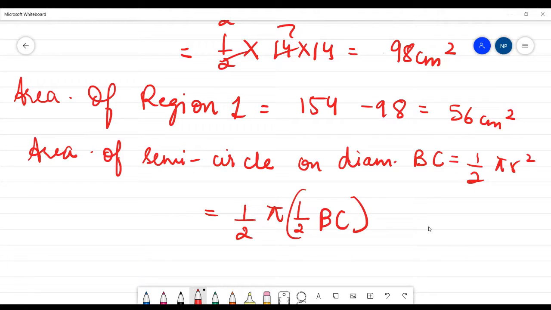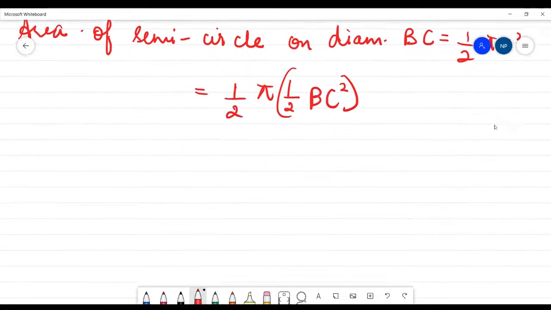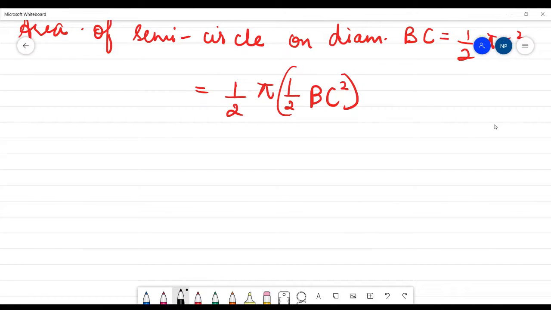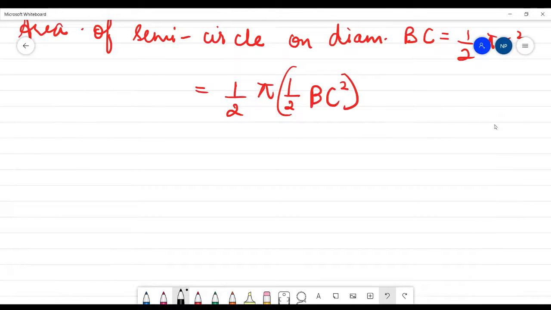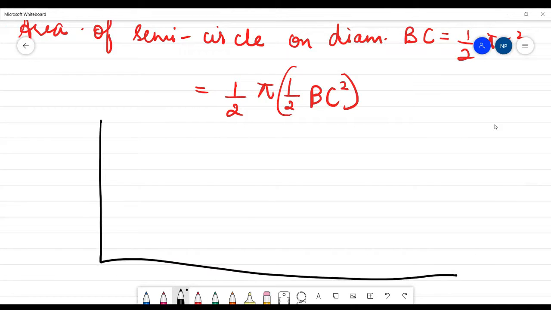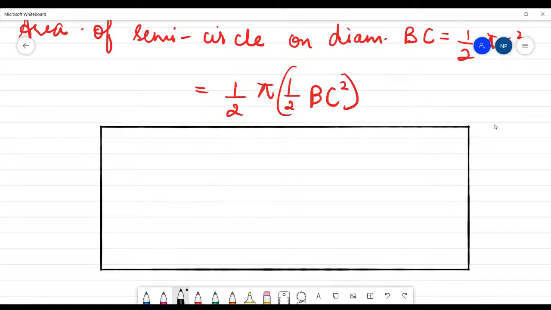So let us find BC. BC square is equal to AB square plus AC square.